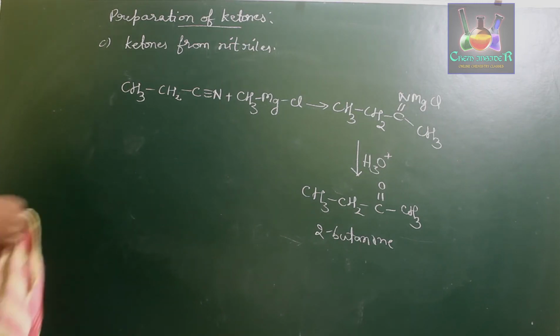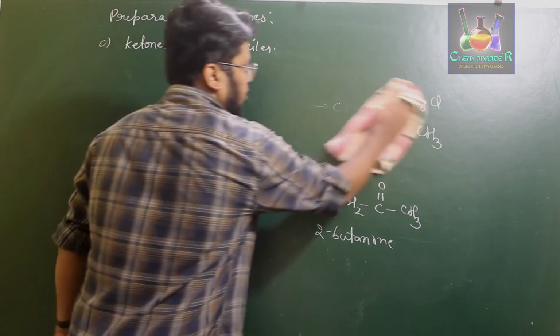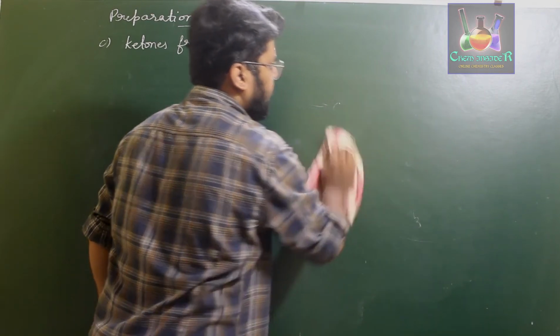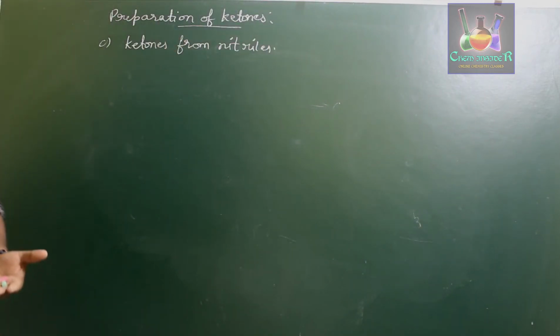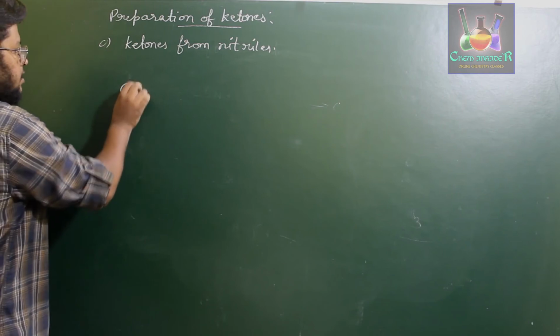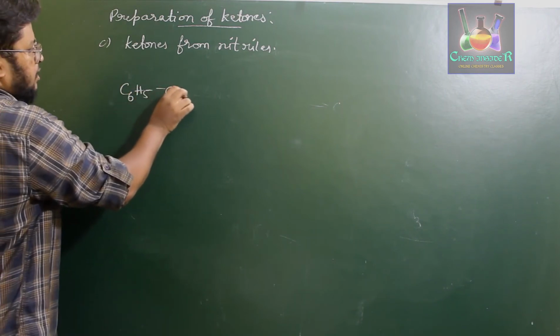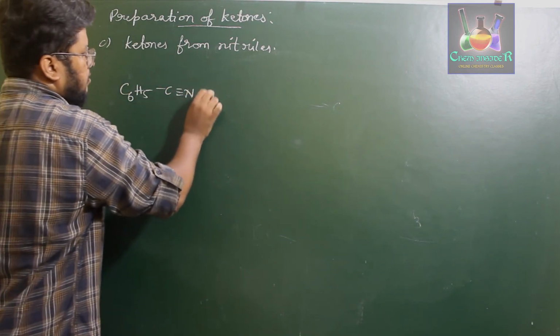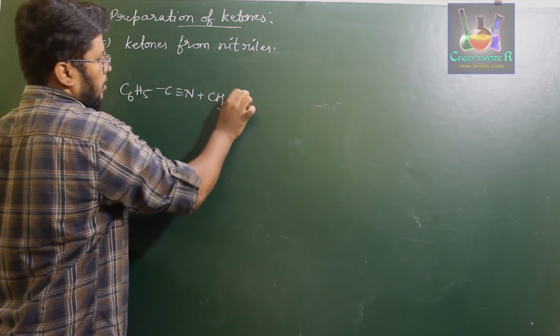Next, for an example of an aryl ketone, let us take C6H5C≡N with CH3MgBr.